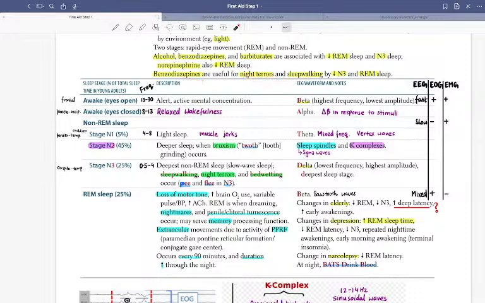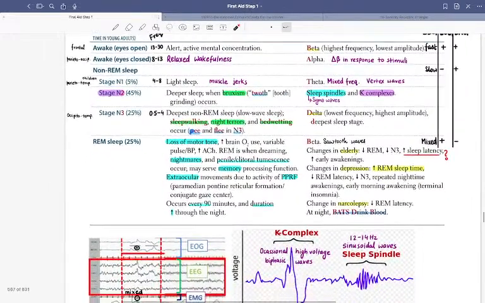Remember night terrors. P and flea in N3: sleepwalking, flea was sleepwalking. With terror you'll start sleepwalking and you'll wet your bed also. Okay, so this is done.